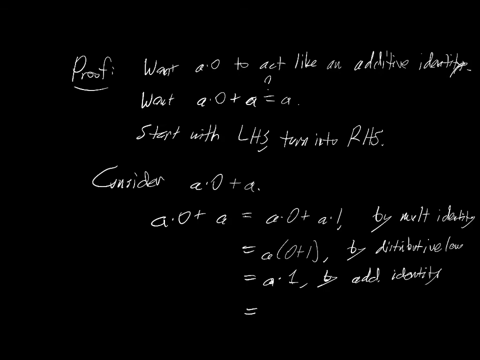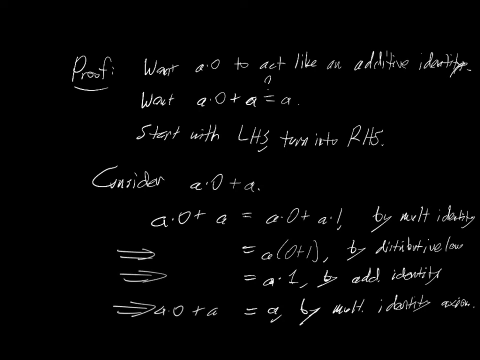And that equals a by the multiplicative identity axiom again. Okay, so that gets us that a times 0 plus a equals a. So this implies this implies this implies this.